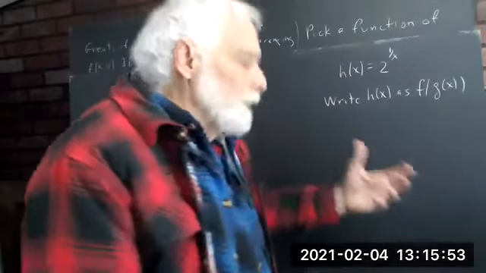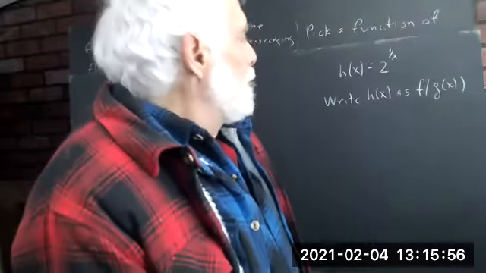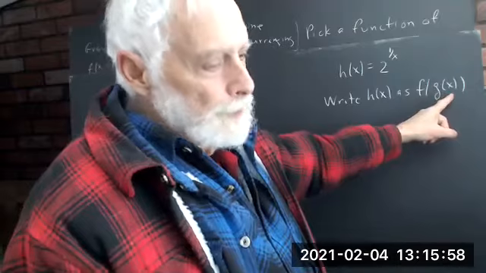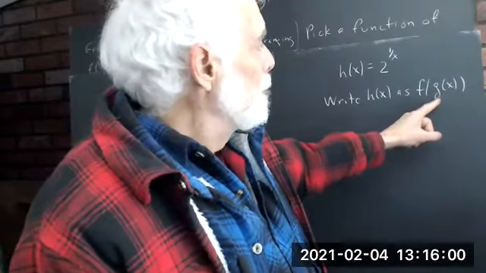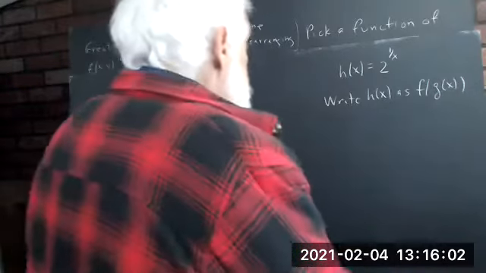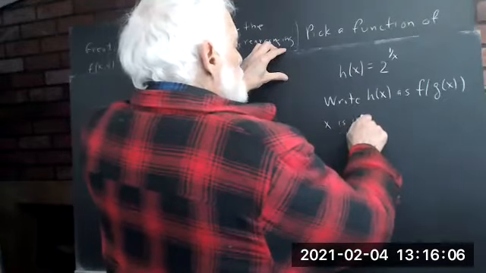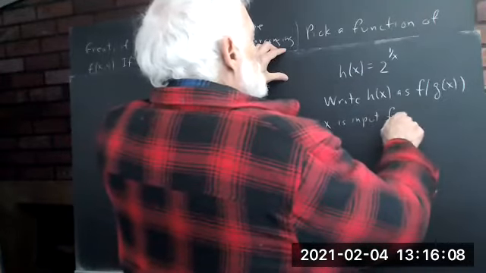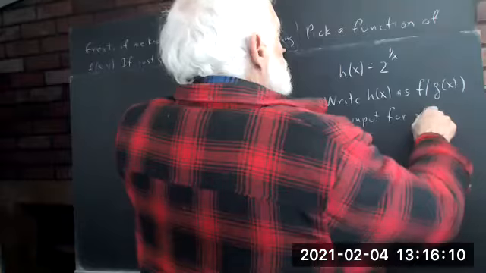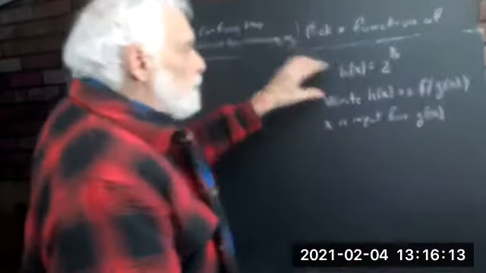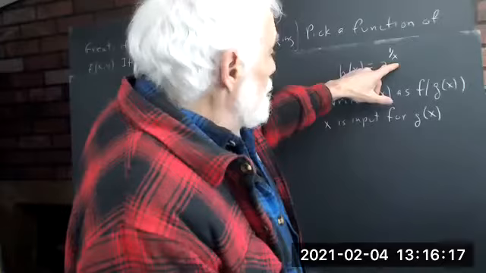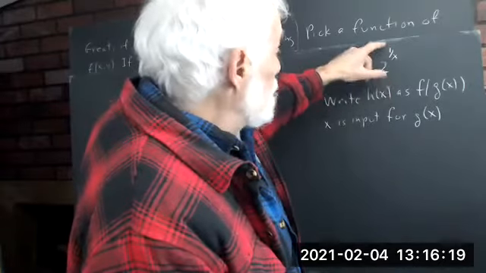Okay, well, the logic of this is: x is input into what function? x is input into g of x. Up here, x gets put into the calculation 1 over x.